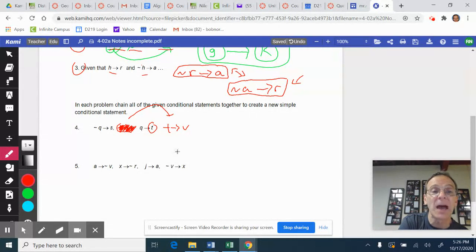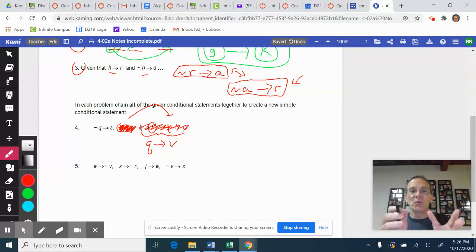And now I've got this domino effect. Q topples T, which topples V. So now I can combine these two into Q implies V. And now I'm going to cross out those two. Now I have, in effect, reduced two of those statements down to one. It's like reducing a fraction, right? You're simplifying the value of the fraction.